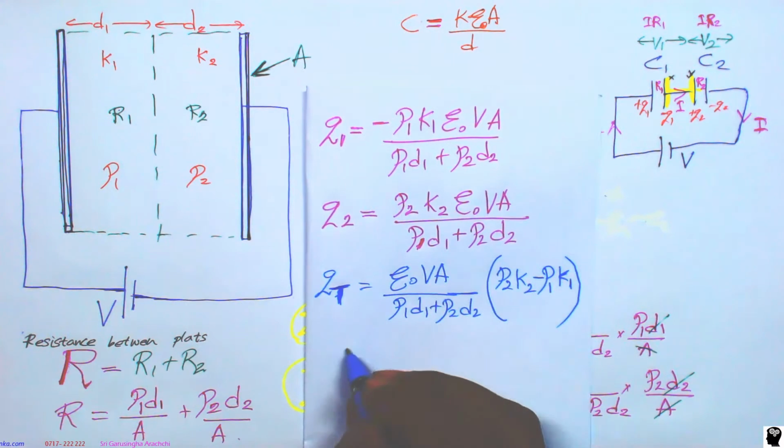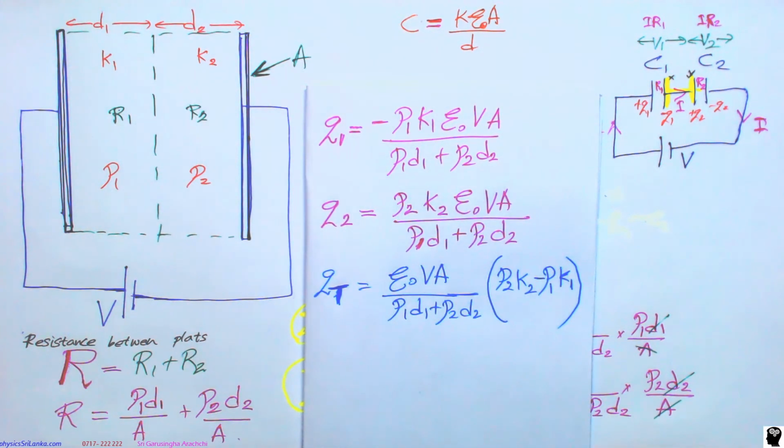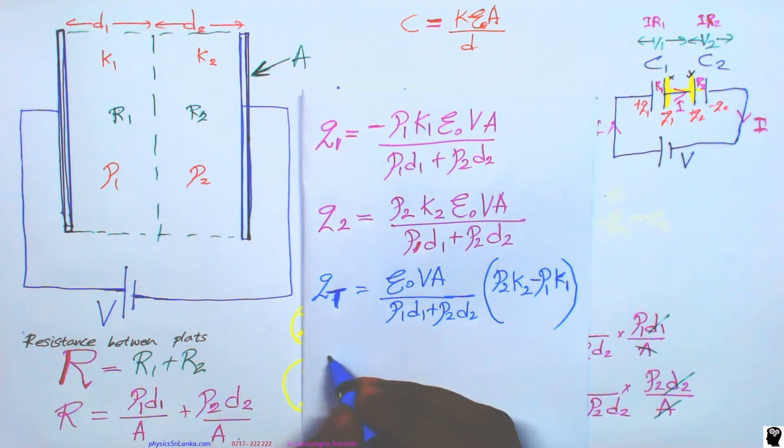Now we need to calculate the surface charge density of charges appearing at the boundary of the dielectrics.